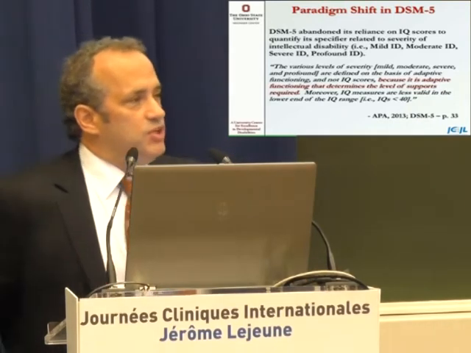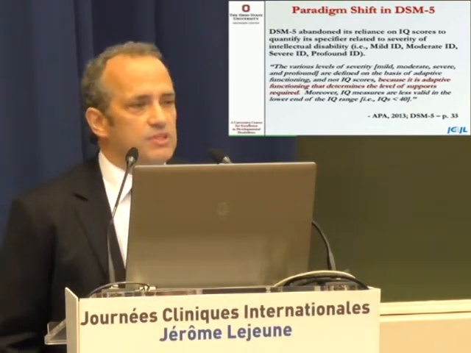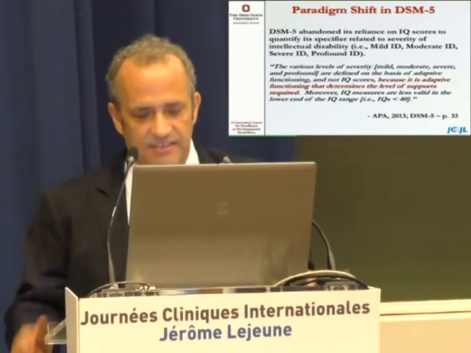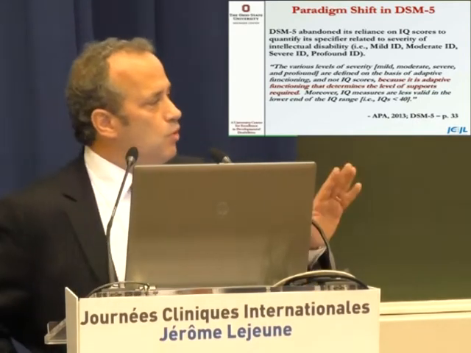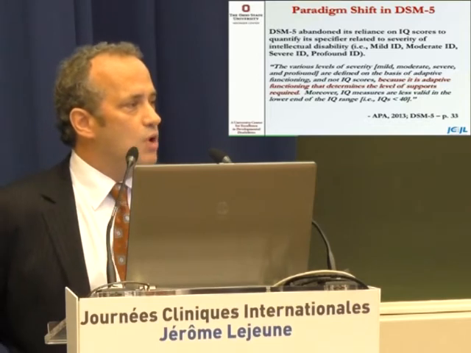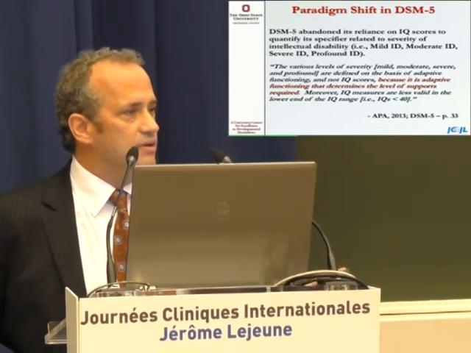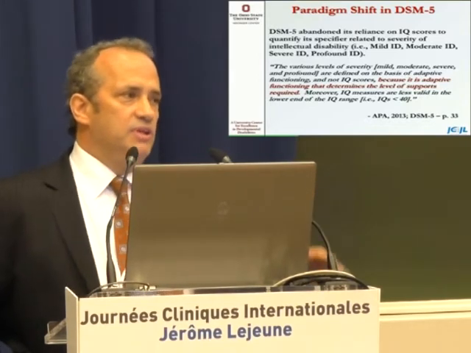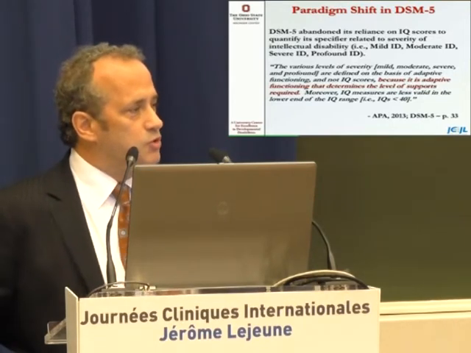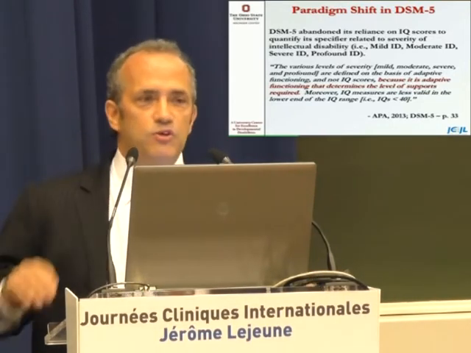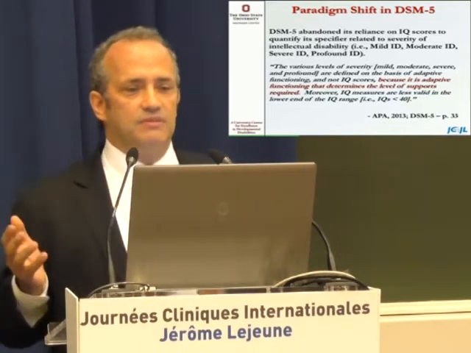Another paradigm shift in the DSM-5 around intellectual disability, and hold on, stay seated, don't fall out, is that they've totally abandoned IQ as the driver for the levels of severity. So again, an opportunity for many of you in France to use less of the IQ test and more of the adaptive behavior assessment.